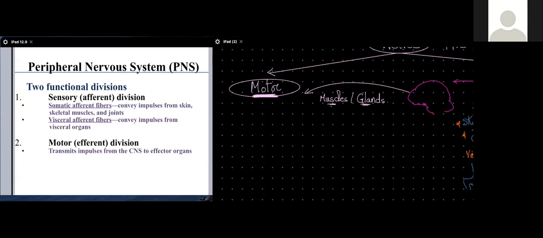And the motor nervous system is going to be subclassified into somatic or autonomic nervous system. Somatic is going to be sending out motor signals to your skeletal muscles.